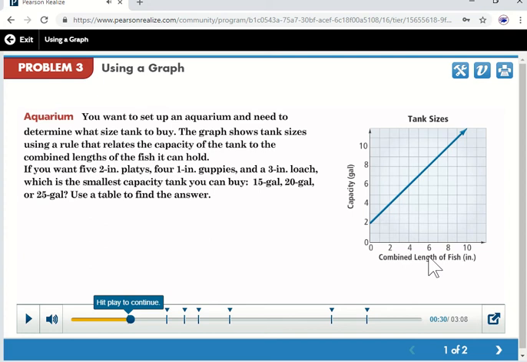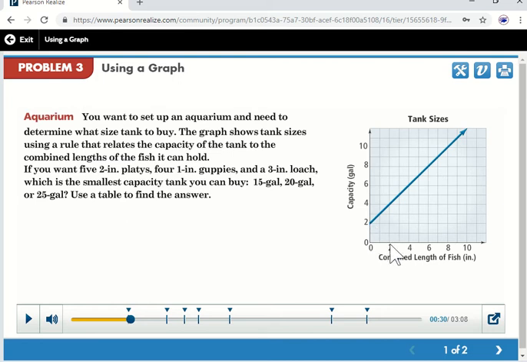Okay. So remember, down here is the combined lengths of the fish in your aquarium. And then up here is the capacity that you would need for each combined length. So for example, this is interesting how it starts, but for 0 inches of fish total, you still need a 2-gallon tank.